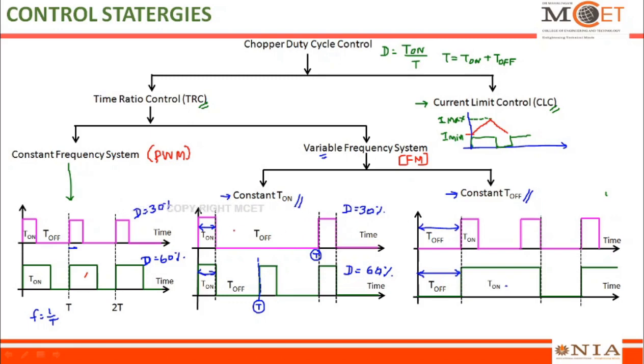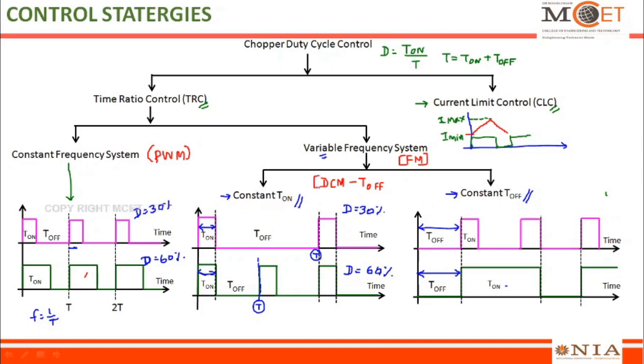And the third drawback of this variable frequency system is, when the off time is very large, the current may come to zero and stay at zero for some time, which means discontinuous conduction mode of operation may occur if T off is very large. This T off is very large in the case of constant T on system in many cases.